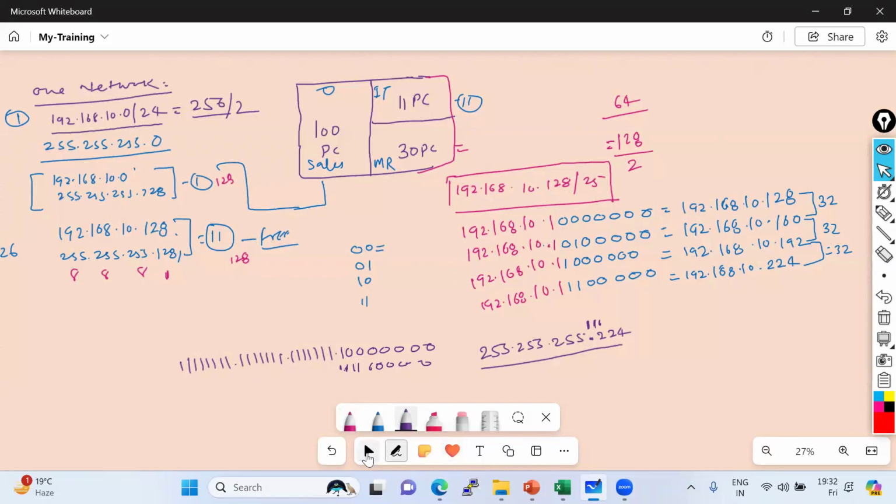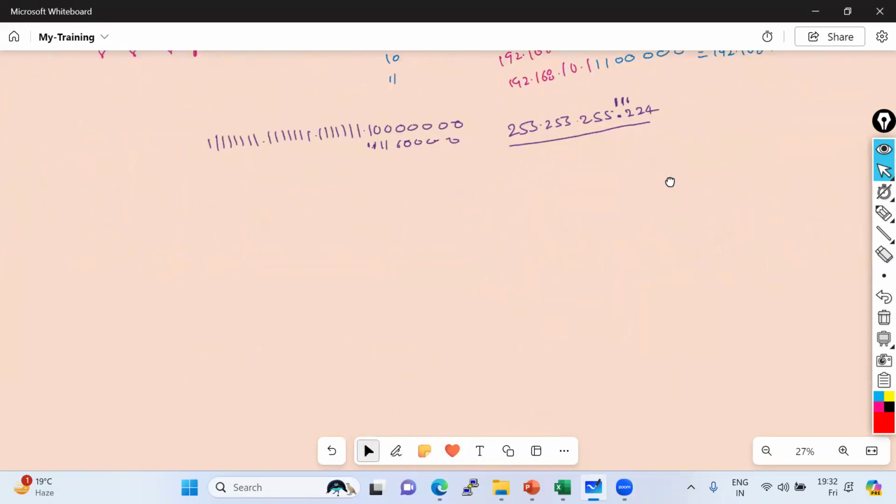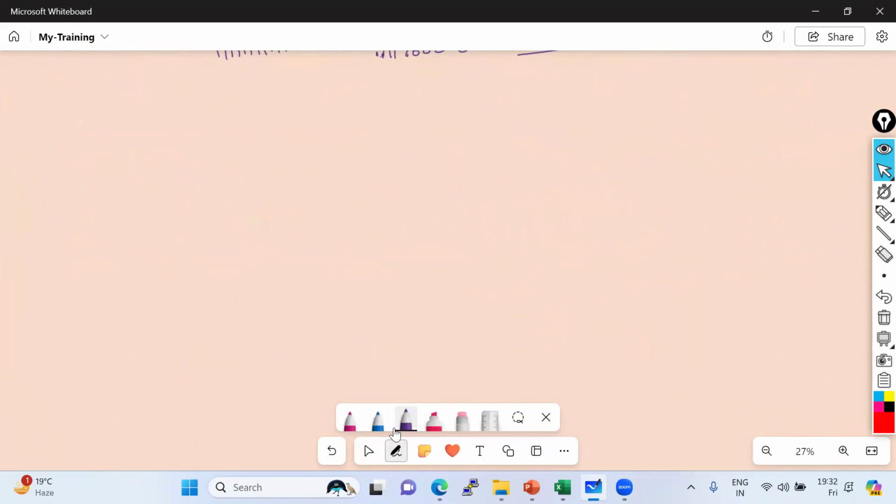Now I have another question for you. This is the last thing from this, and this time you just have to do the brainstorming. Where that room has only 11 PCs, I'm still going to put a 32-address subnet there. If you want to do further subnetting, you can do that.